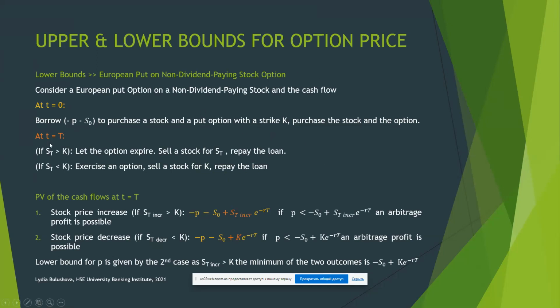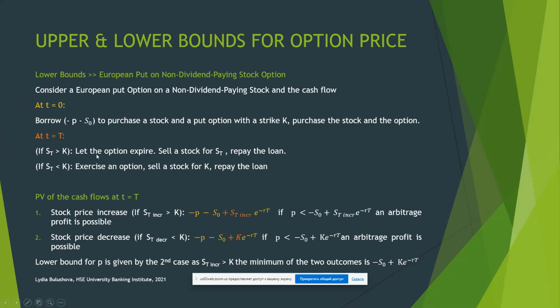At expiry date, there are two possible outcomes: the asset price is greater than the strike price, or the asset price is lower than the strike price. If the asset price is greater than the strike price, we're not interested in selling an asset for a price that is lower than the market price.